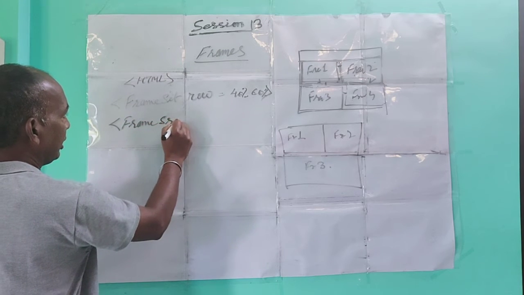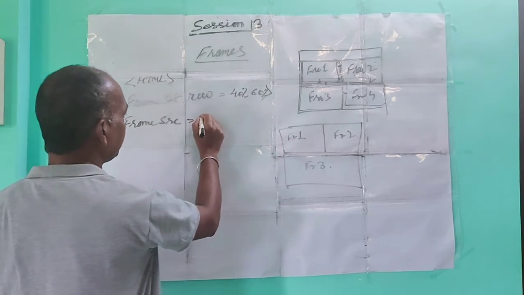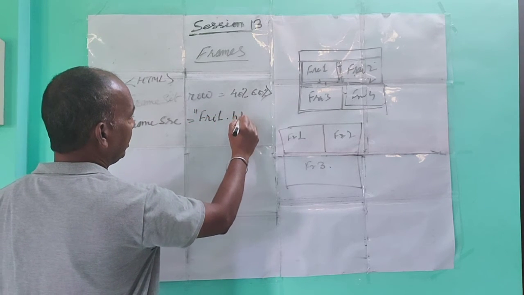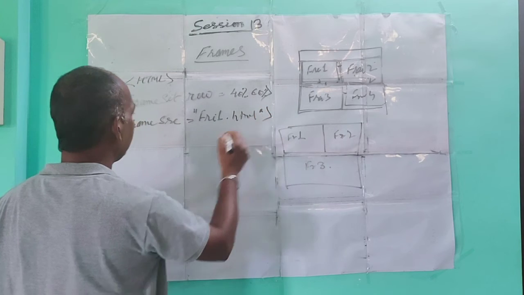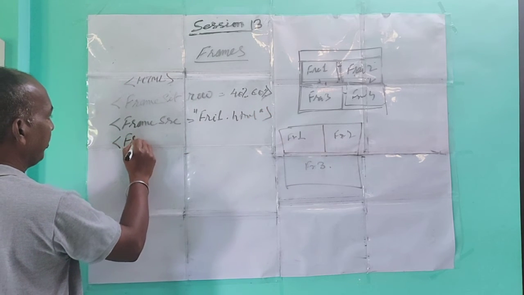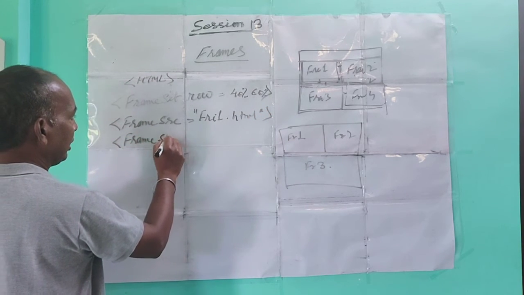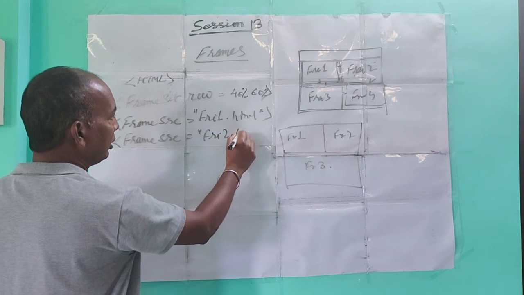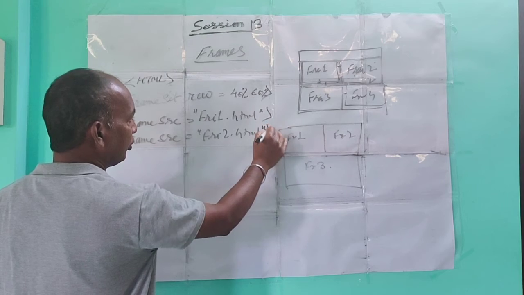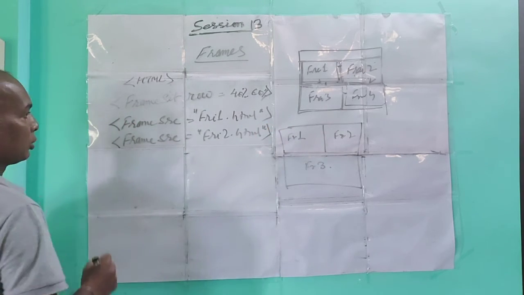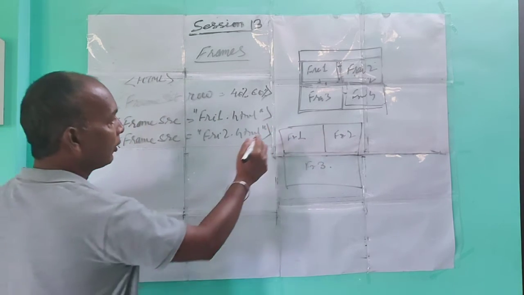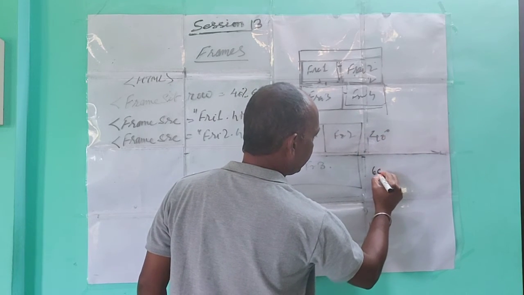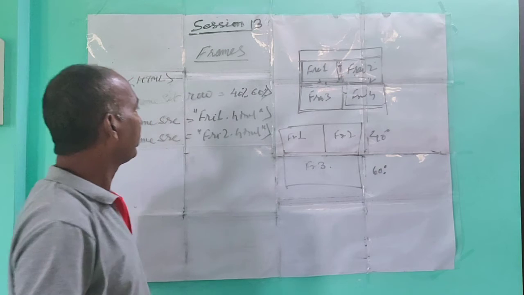After that, frame src equals to fri1.html, frame src fri2.html. Then our first part is about 40%, the other part is 60%.